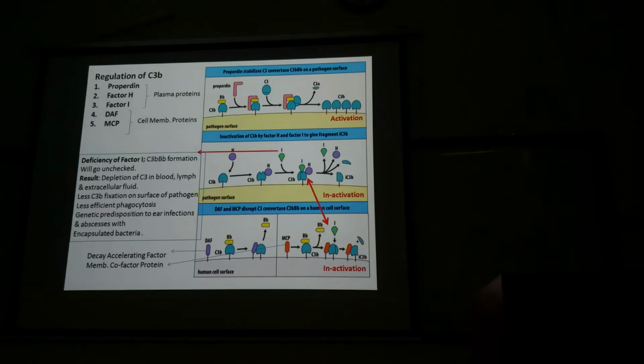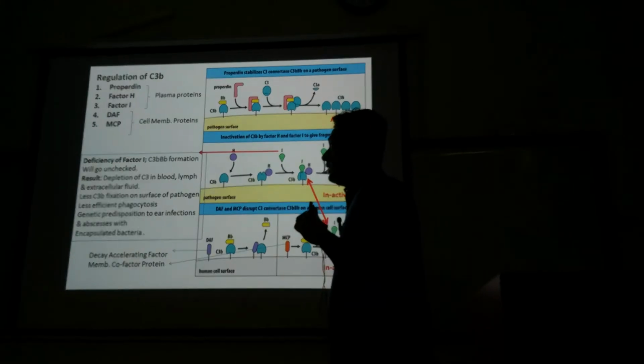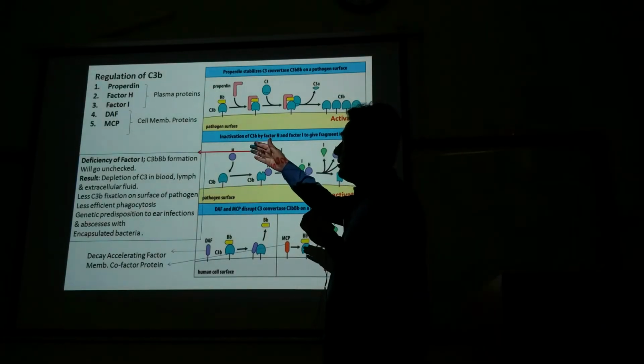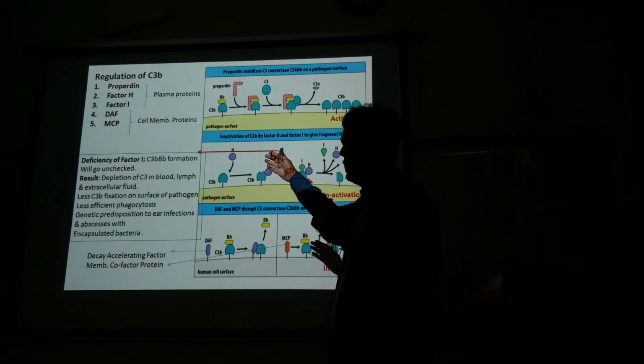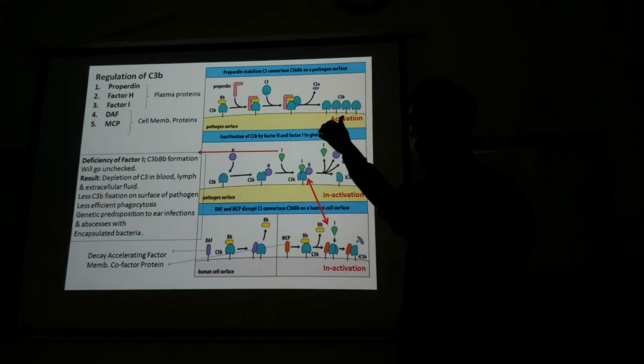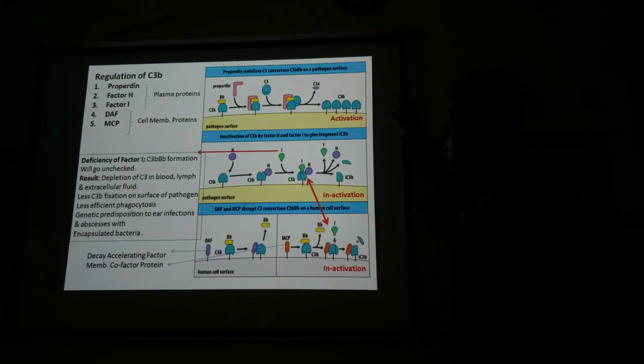Properdin, factor H, and factor I, these are plasma proteins. And DAF and MCP, these are cell membrane proteins. And all these proteins are involved in regulating the production or activation of C3b.